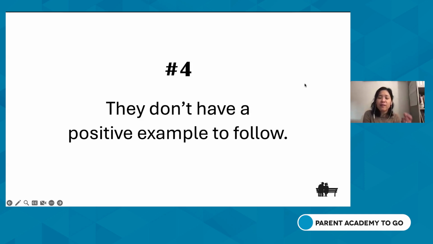But one of the biggest reasons why a grandchild may not connect with their grandparent, may not have a strong relationship with them, is because they don't have a positive example to follow. If you looked at my family situation, one thing that people were often impressed by was the fact that my sisters and I all helped to care for my grandparents as they got older, and they lived a long time.